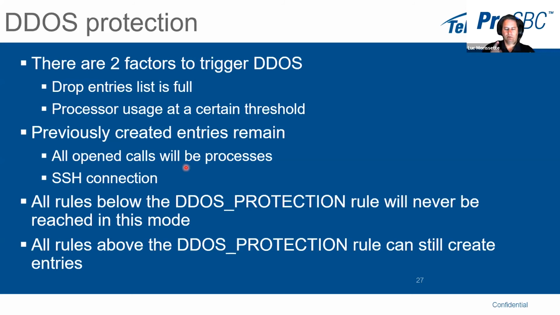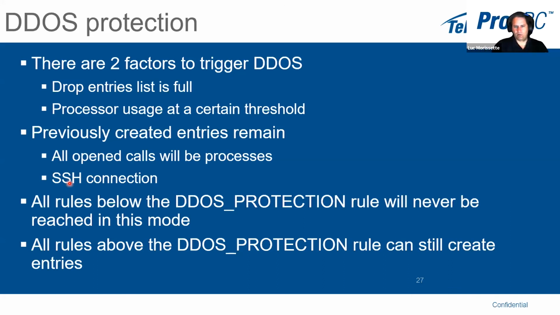So the SIP calls that were already active, the RTP traffic that was already flowing, we will keep it flowing into the system, but we will block all other new calls being made in the system because we have reached our drop entry list. There are other services that will not be blocked as well. By default, the SSH connection is not blocked, SNMP is not blocked, but you can change this if you want.